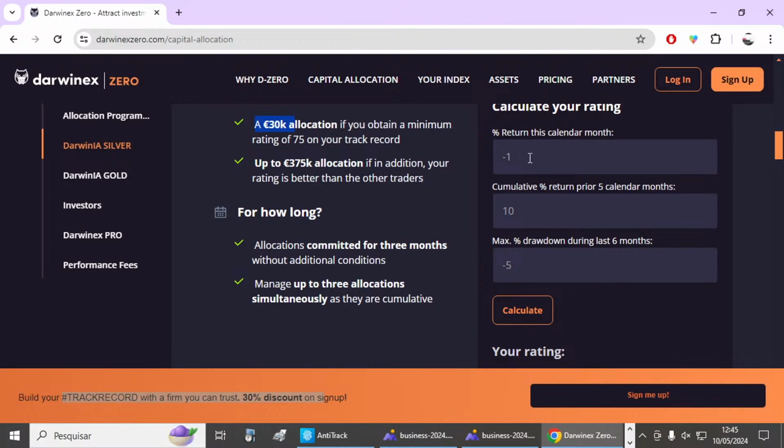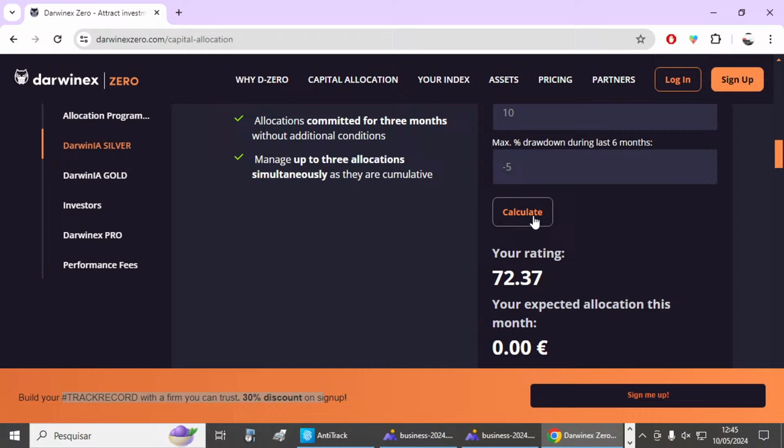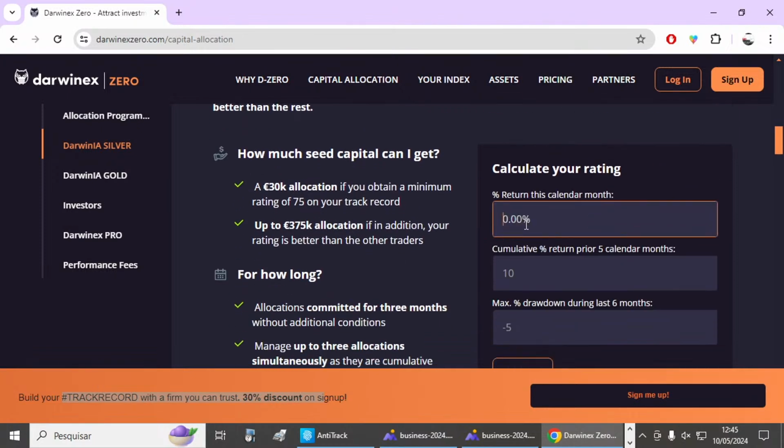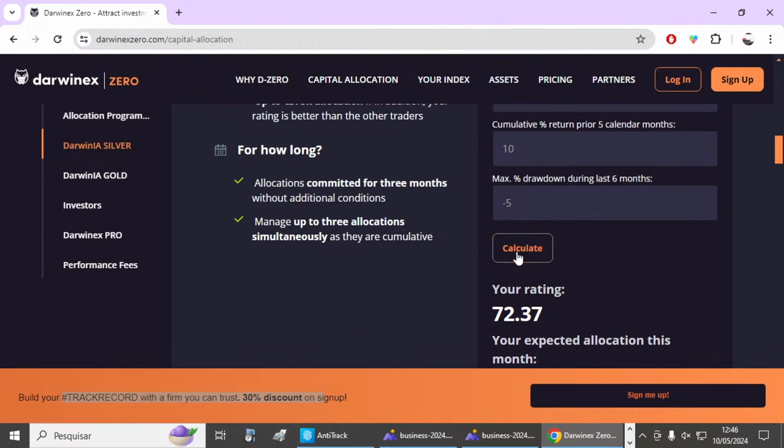Now, instead of losing 1% this calendar month, what happens if I made 1%? Calculate. Wow, 80, see?